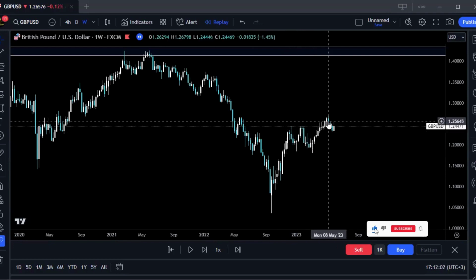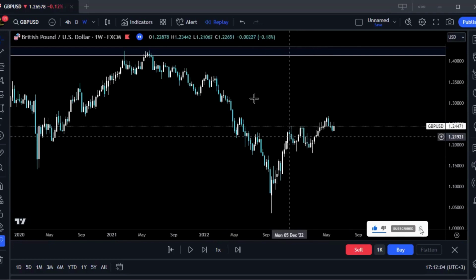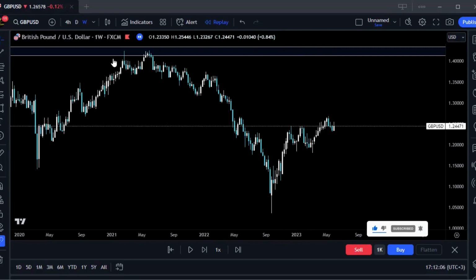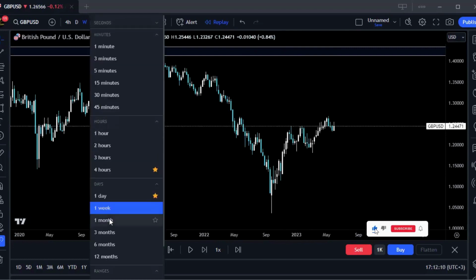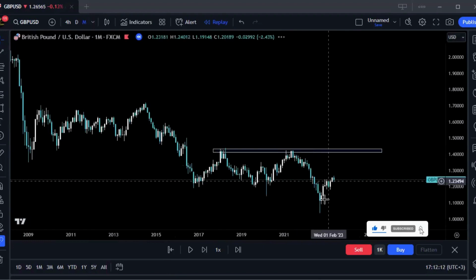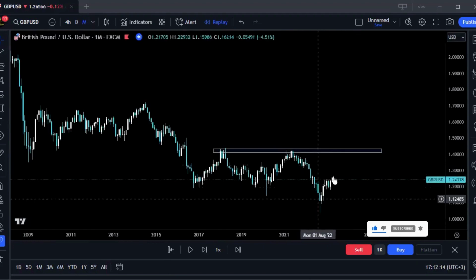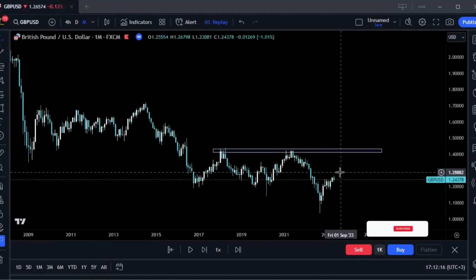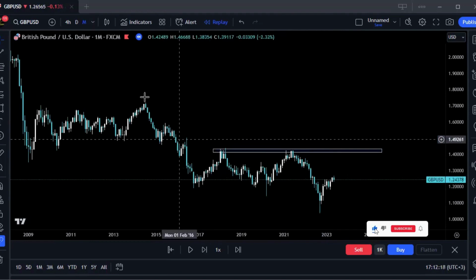So in the lower time frame, the trend is still bullish. So that means that retracement from the monthly, this one right here, hasn't finished retracing, because the trend on the lower time frames is still bullish.